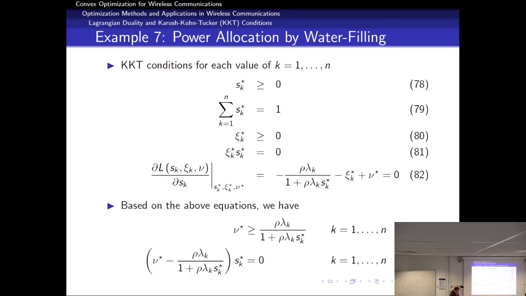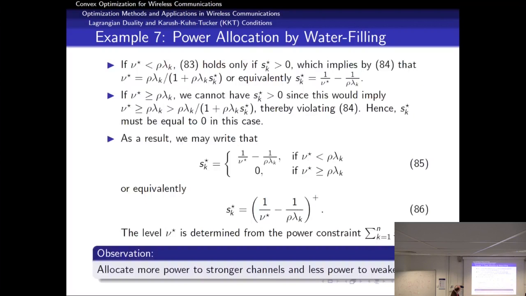And so you can say first, well, what happens if my Lagrangian multiplier here is smaller or larger than this numerator here, right? So if it is smaller, or if it is larger, then you have those two conditions here. So let's start with the smaller case.